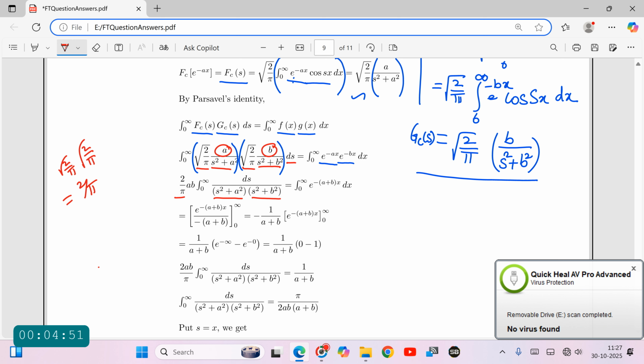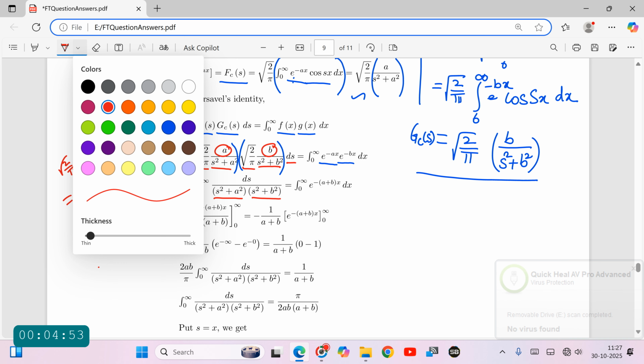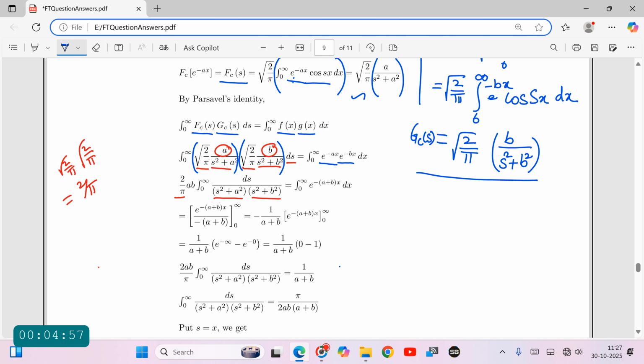Now come to the right side of the integration. What is present on the right side? e power minus ax and e power minus bx into dx. Already in school you studied the formula a power m into a power n is equal to a power m plus n, for algebra.